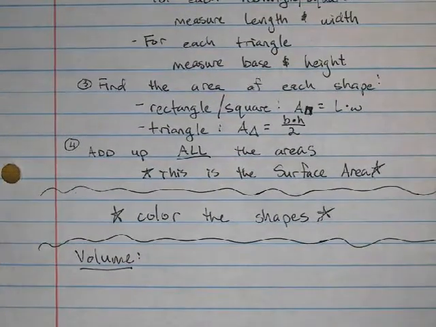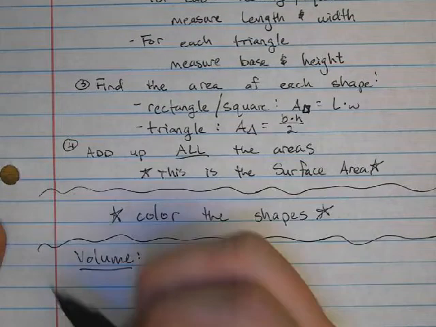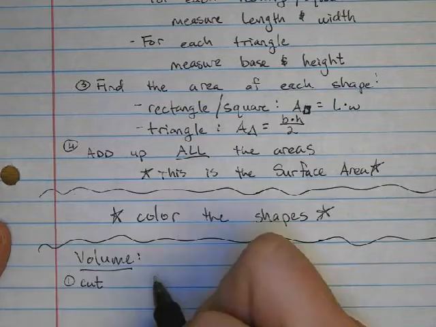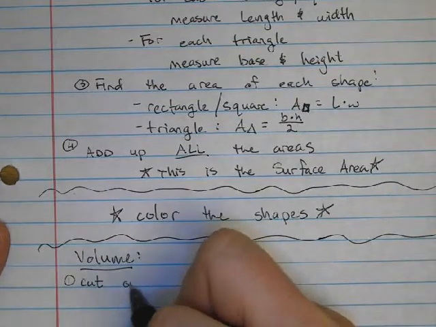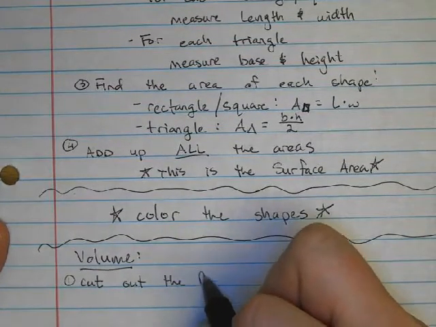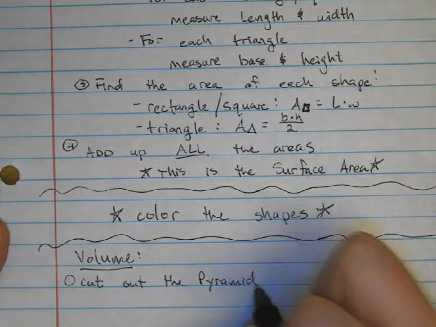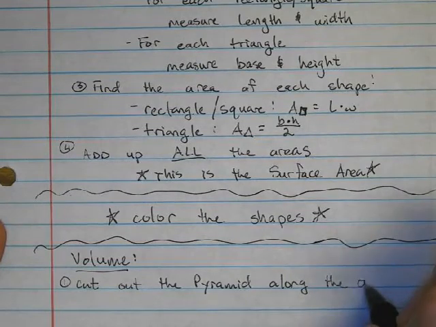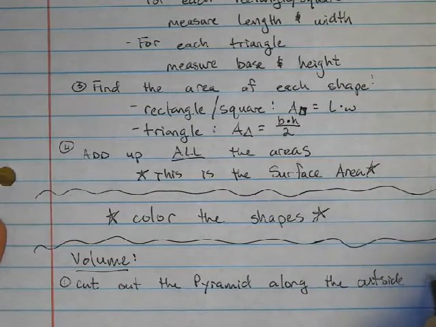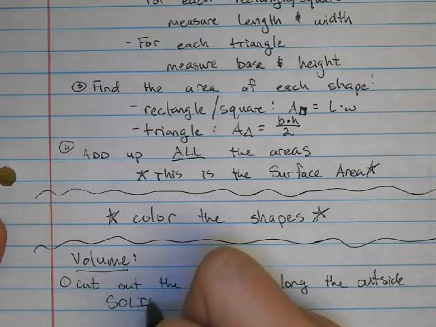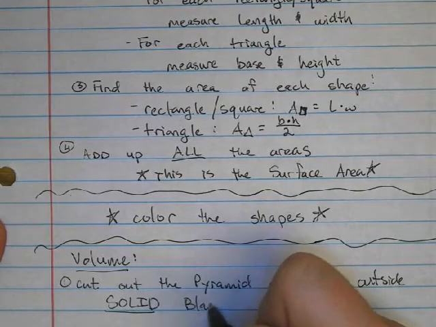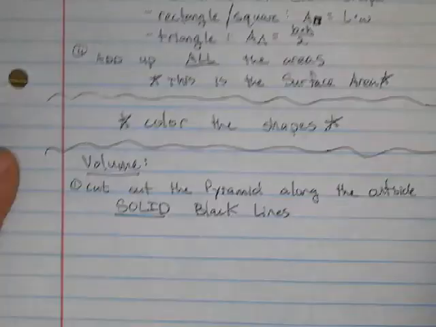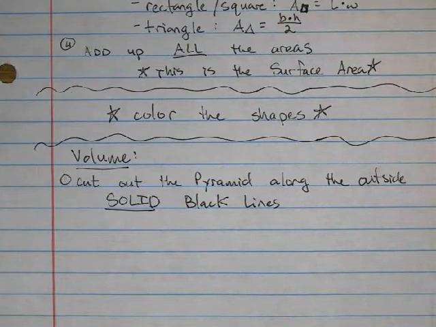So what we're going to do is we will cut out the pyramid along the outside solid black lines. So we're going to cut out the pyramid along the outside solid black lines.